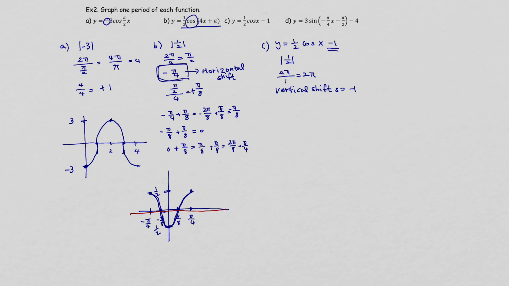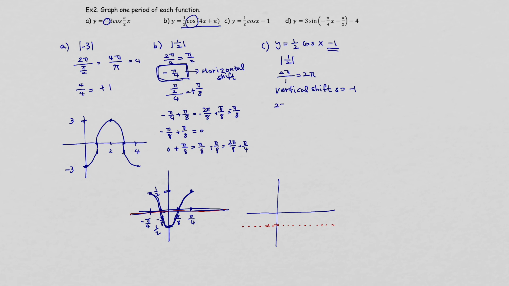Remember the point that we found earlier? That was a horizontal shifting, right? So then, with the vertical shifting, let me see if I can graph this. Everything that was in this line right here now goes 1 unit down. And let's see if we can find the 5 key points.